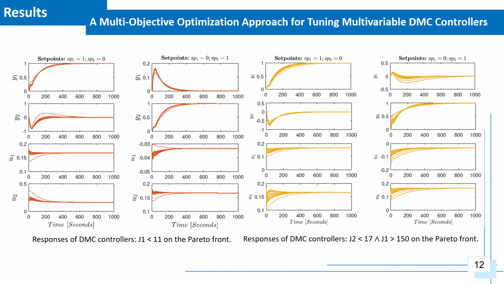Similarly, the yellow trace represents the response of the best performing controllers for output Y2. Here, output Y2 is stabilized at approximately 300 seconds, and output Y1 settles at around 450 seconds. These brown and yellow responses correspond to the same color coding used in the Pareto front shown earlier.